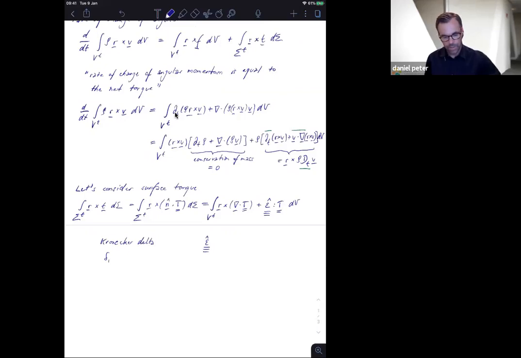That's delta ij, defined as being 0 or 1: 1 if i is equal to j, and 0 else. Now this epsilon is very similar to the Kronecker delta, but has 3 indices. Not just i and j, but ijk. It is called the Levi-Civita tensor.